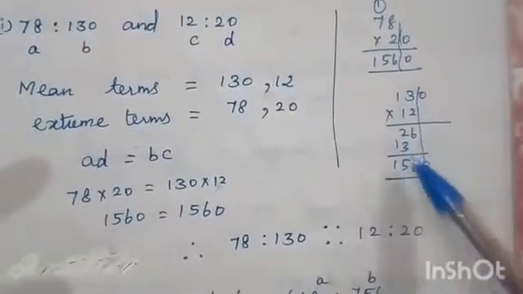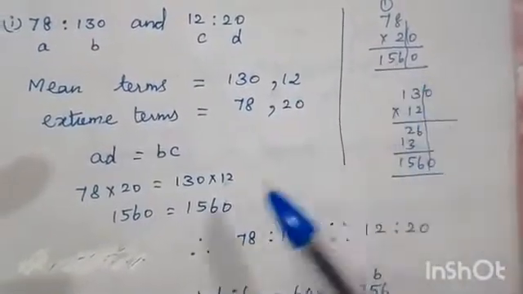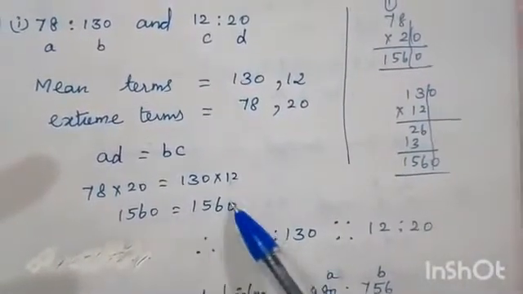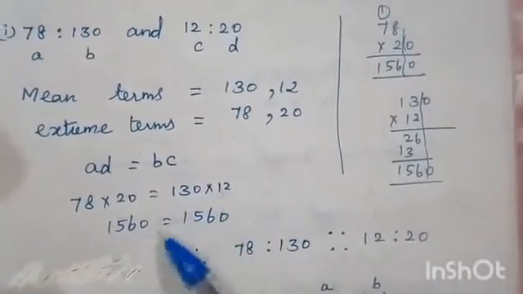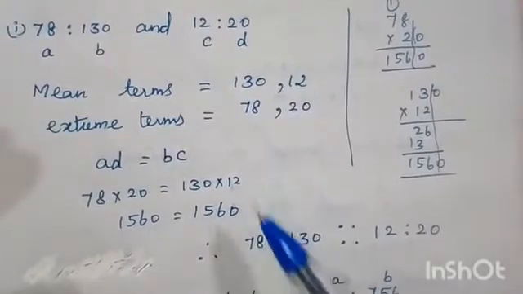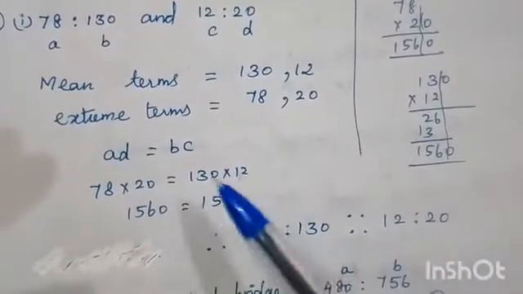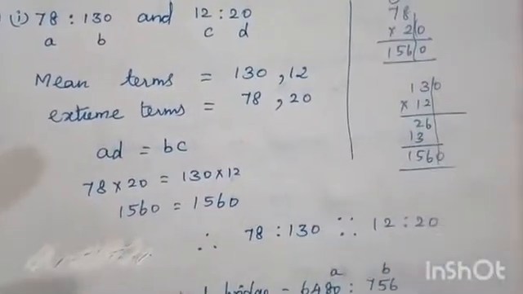So you have to multiply these two normally. You get the same answer, 1560 and 1560. So both sides are equal, so they are in proportion. The given two ratios are in proportion.